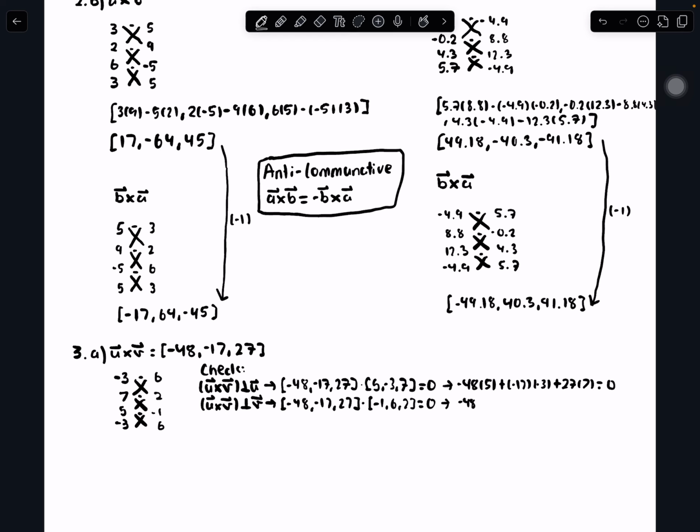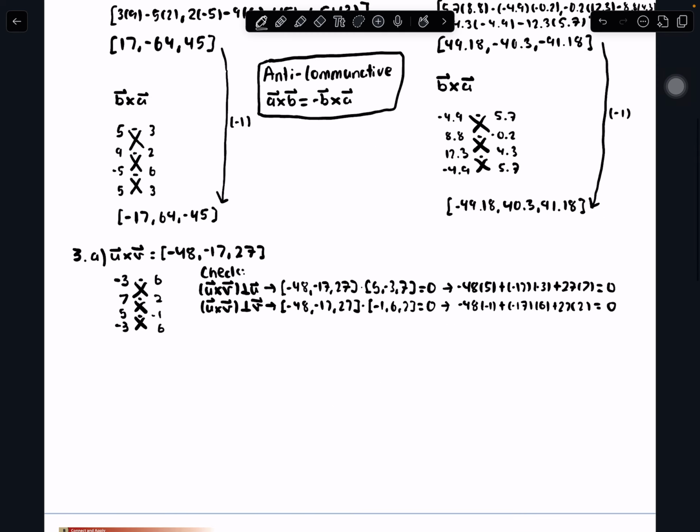Similarly, minus 48 times negative 1 plus negative 17 times 6 plus 27 times 2 equals, carrying that out, we get 48 minus 102 plus 54, and we get 0 again. To be expected.